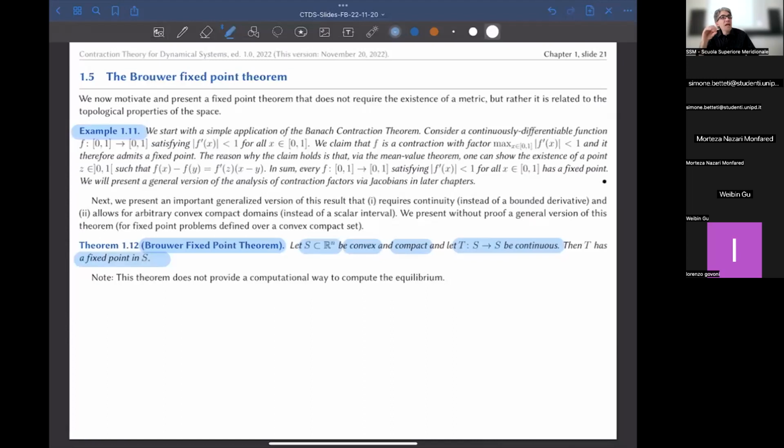This doesn't give you a computational method. This is an existence proof, not a constructive proof. Whereas Banach's theorem is wonderful because it gives you an algorithm and it gives you the contraction rates and it gives you continuity with respect to parameters and it gives you local versions. So it's just a different story.